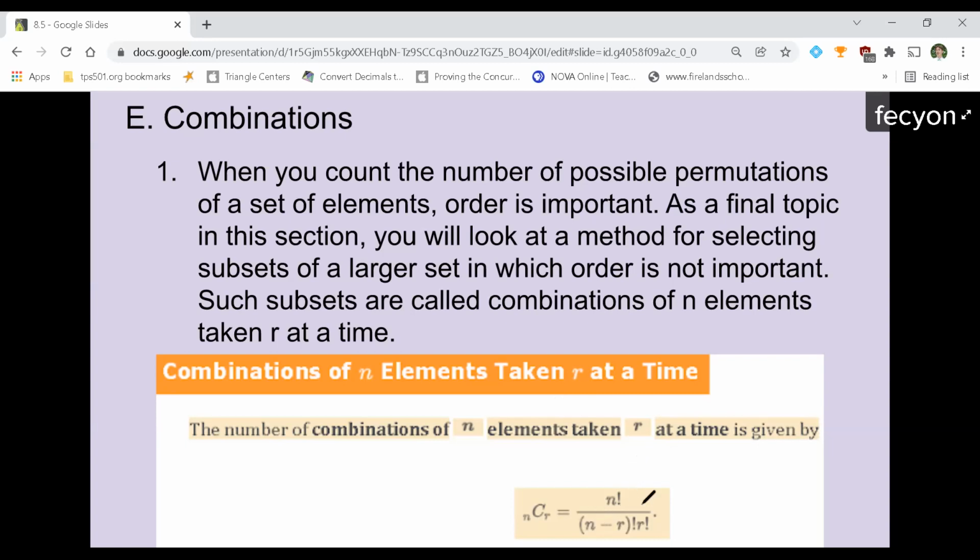N factorial divided by n minus r factorial times r factorial. Basically, it's the same as a permutation, but we include r factorial in the denominator to get rid of the duplicate answers where the only thing that changed is the order. Again, we don't care if the only thing that changes is the order, because in a combination, order doesn't matter.